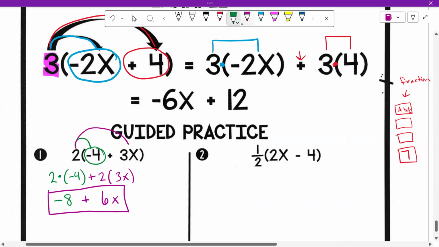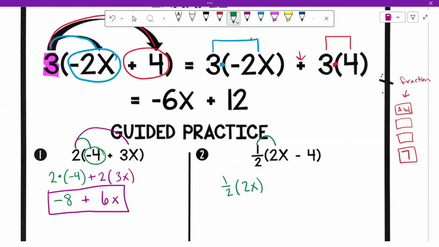I'm going to take that 1/2 that's out front and I'm going to multiply it by 2x. So I have 1/2 multiplied by 2x. The minus sign is just going to be brought down. And then I'm going to take the 1/2 and multiply it by 4.